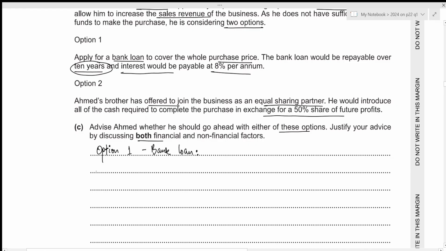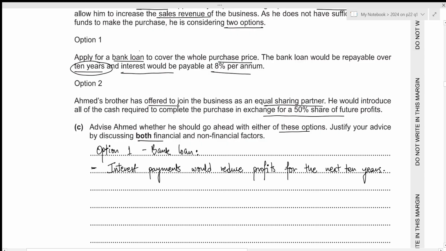Let's write it down. The first point is that interest payments would reduce profits for the next 10 years.